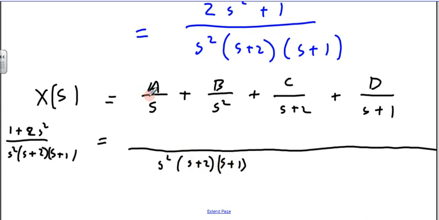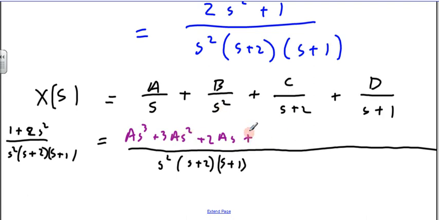And then on top, what am I going to have? I'm going to have an A s cubed plus 3A s squared plus 2A s. Okay, so these two guys multiply together times another s. So that's the s squared plus 3s plus 2 times another s.